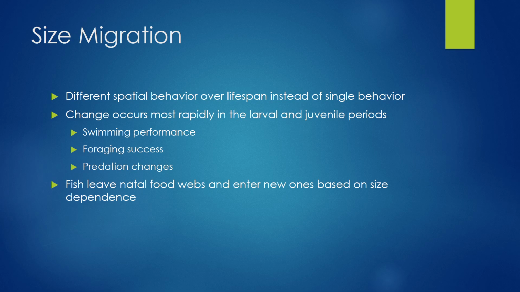Fish leave the natal food web and enter a new one based on size. You can think about this as a planktonic larva is going to forage on the planktonic level, and they are going to eat things such as zooplankton, while once they leave that planktonic larval stage and become a juvenile and an adult, they are going to begin to feed in the nekton.